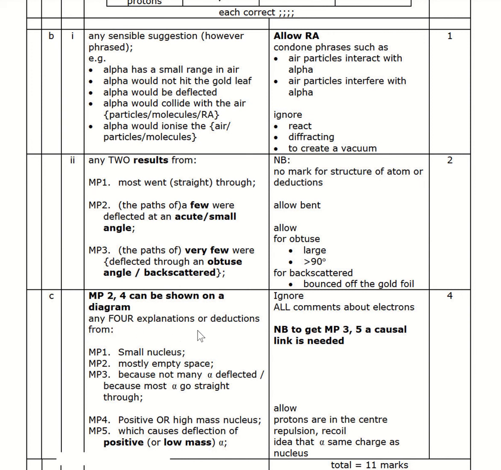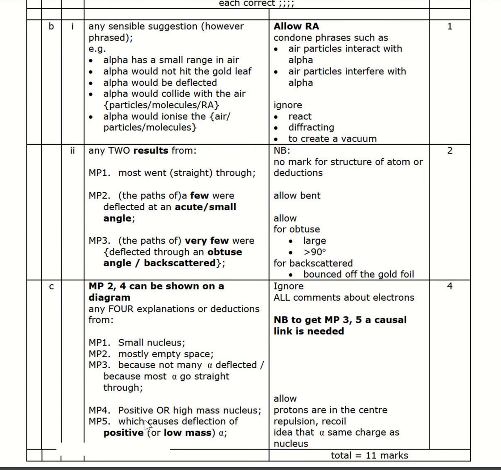For explanations, a small nucleus, mostly empty space because not many alpha deflected because most alpha got through. So it's small because most went through and not many were deflected. Positive or high mass nucleus which causes deflection of positive or low mass alpha.